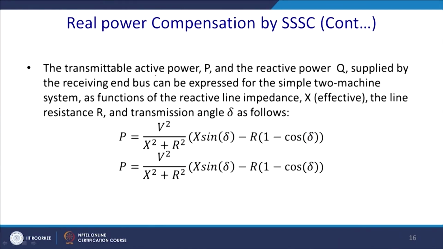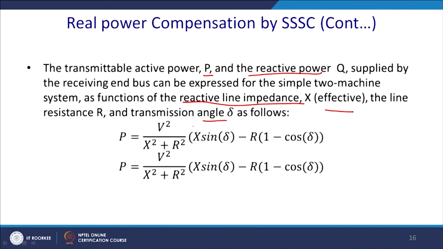The transmittable real power P and the reactive power Q supplied by the receiving end bus can be expressed for the simple two machine system as a function of the effective line impedance. So, we have to now incorporate the value of the line resistance R and the transmission line angle delta as follows.